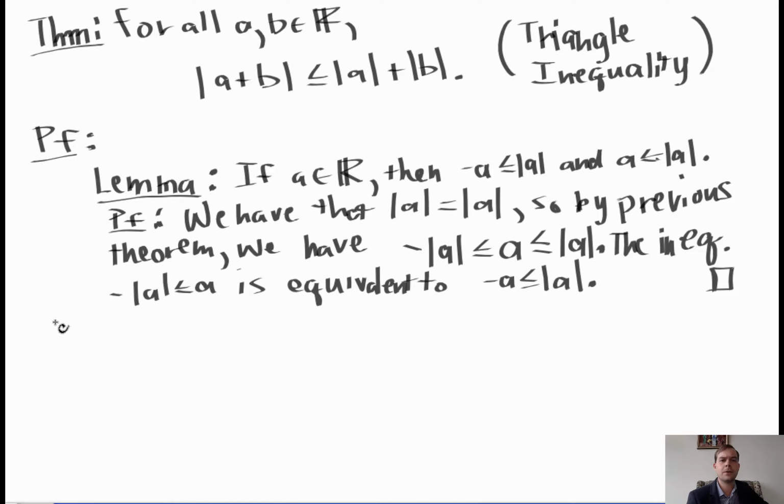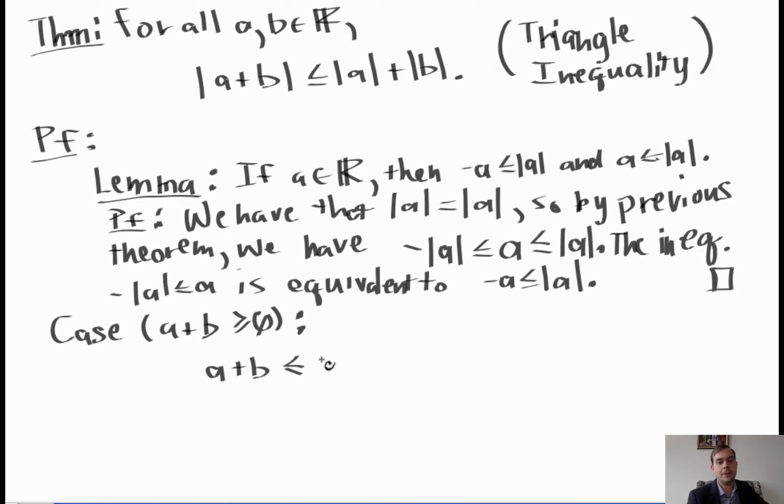So this is going to make our lives a lot easier. So now we can break the proof of the triangle inequality into two cases. So case 1 is a plus b is greater than or equal to 0. So then we just remove the absolute value sign. Now we don't know the actual sign of a or b. We don't know if they're positive or negative, but we know that we can at least remove the absolute value of a plus b.